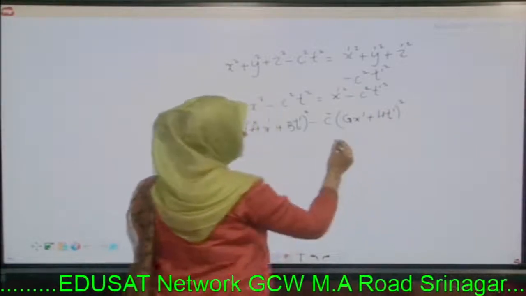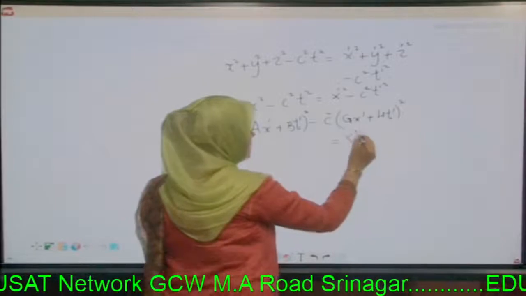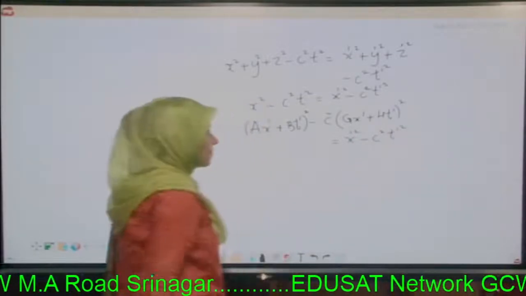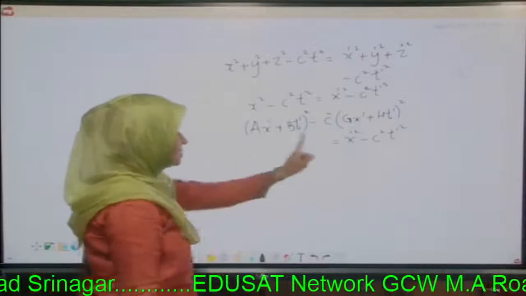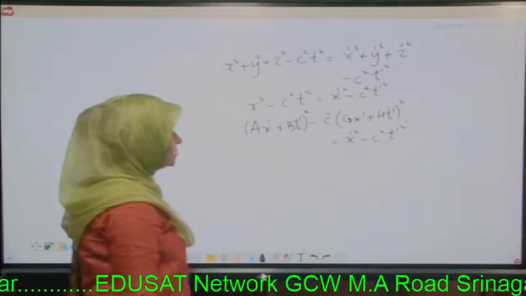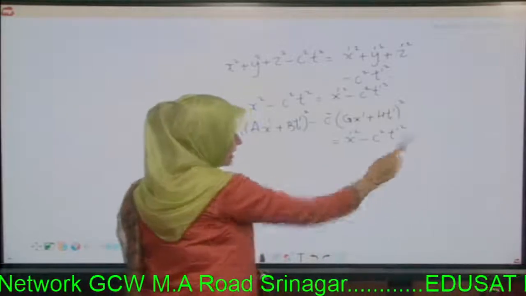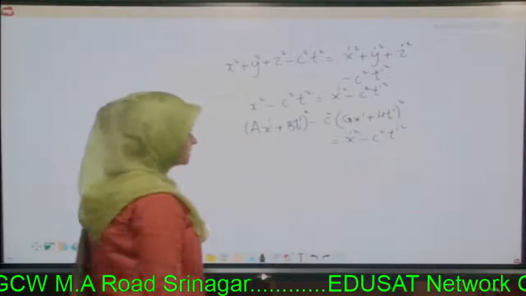This is equal to x' square minus c square t' square. From here, what we can do very quickly is that we can choose to equate the coefficients of x' square, t' square, and if there is some other factor. We'll try to see that.